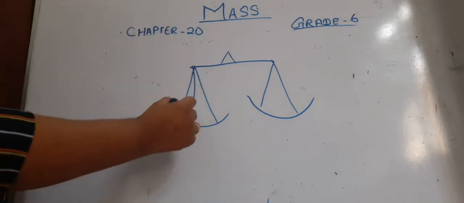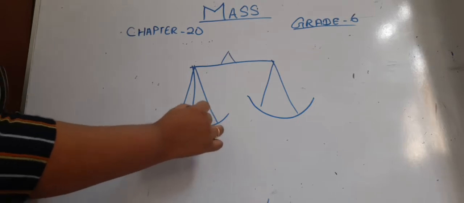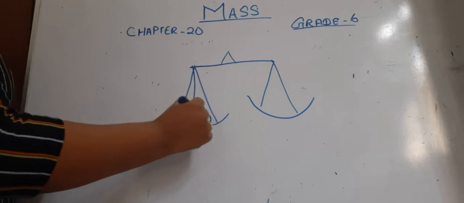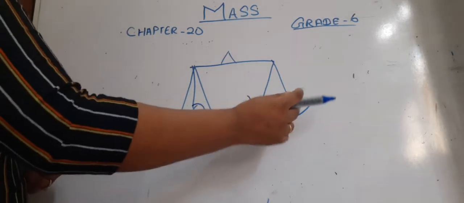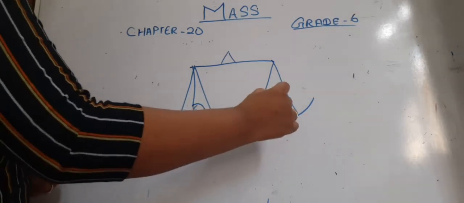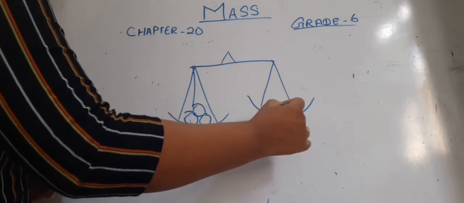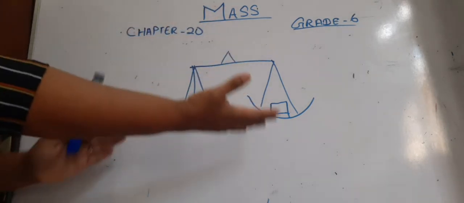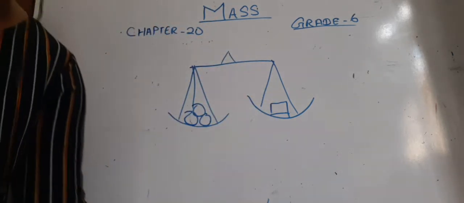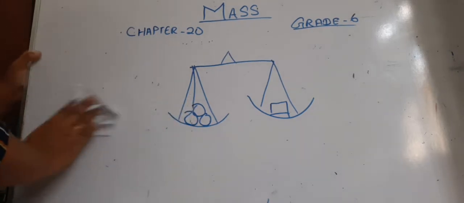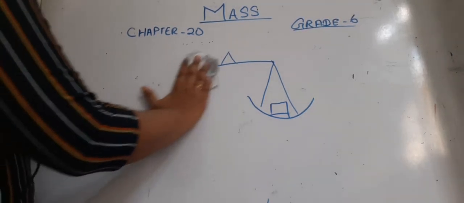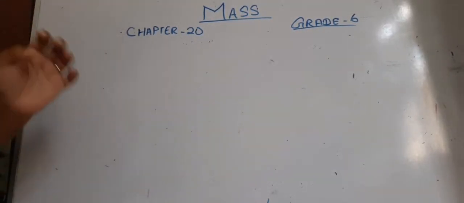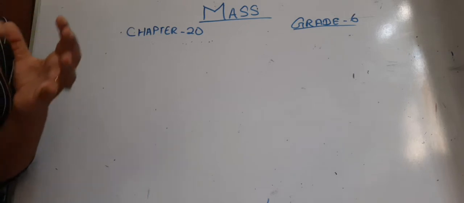We put weights on this side, maybe 50 grams, 1 kilogram, and the vegetables or whatever object you are buying on the other side, and we balance this scale. Actually we cannot precisely measure the mass of objects here, so we don't use this instrument often these days, but you need to know the idea.